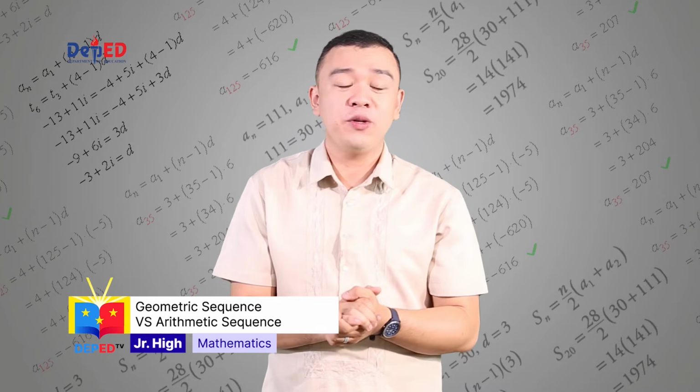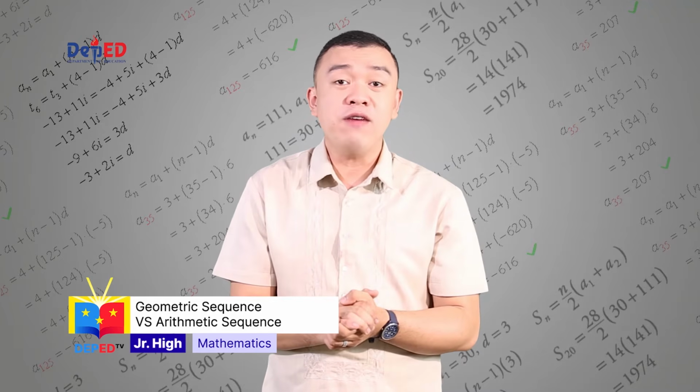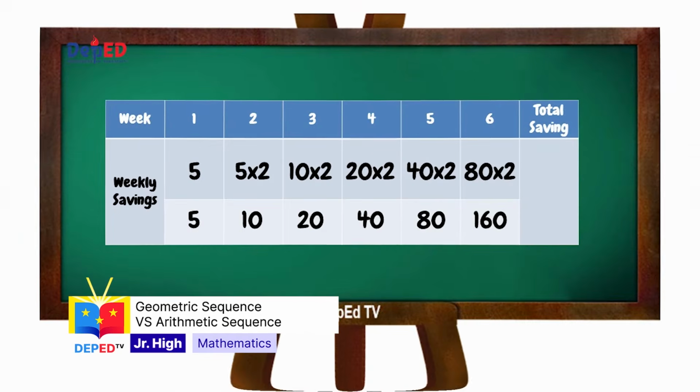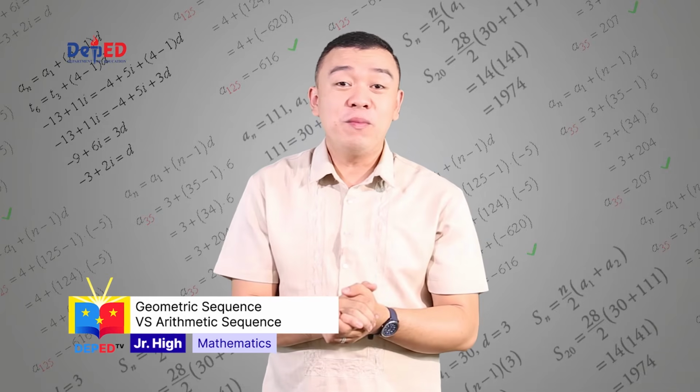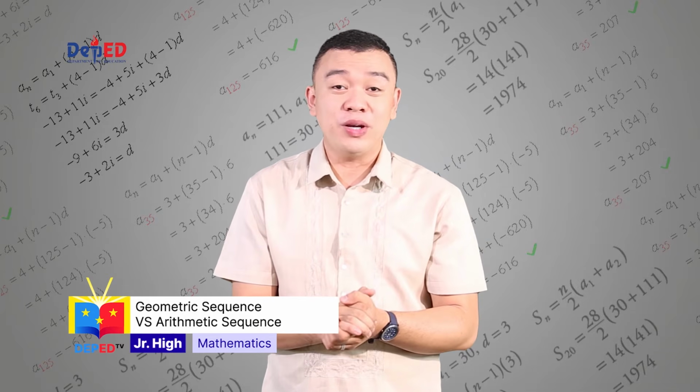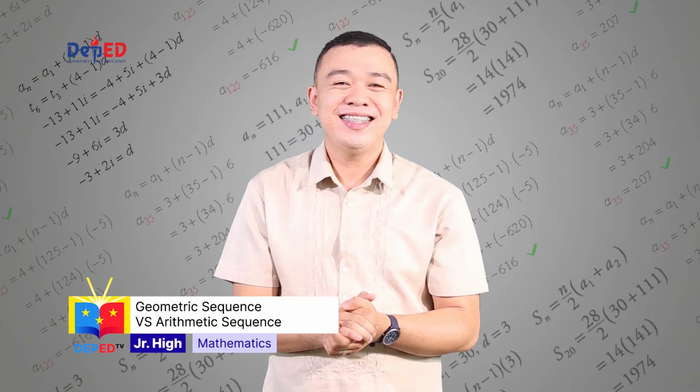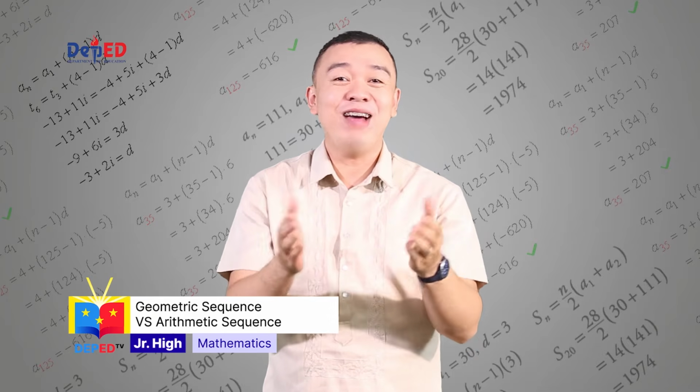After 6 weeks, how much will you save all in all? That's right, you will have 315 pesos after 6 weeks. From that amount, can you buy that blouse as a Christmas present to your mom? Yes, you can. Absolutely.